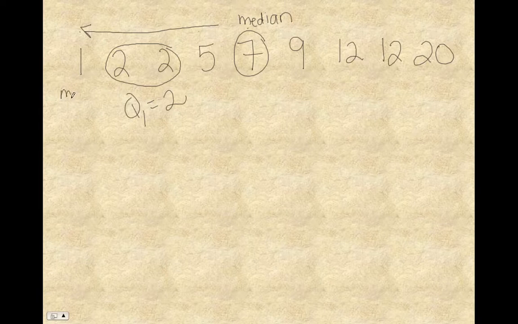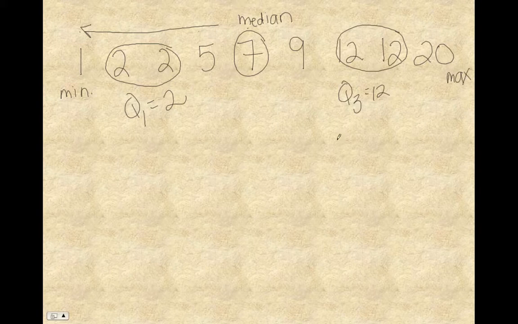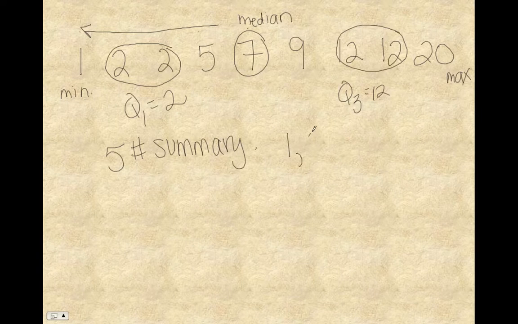The minimum is obviously 1. Similarly over here, Q3 is going to be the average of these two. I didn't mean for it to come out this way. Q3 is 12, and then 20 is the max. So the 5-number summary is going to be 1, 2, 7, 12, 20.